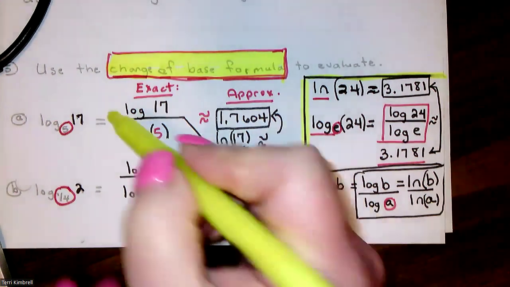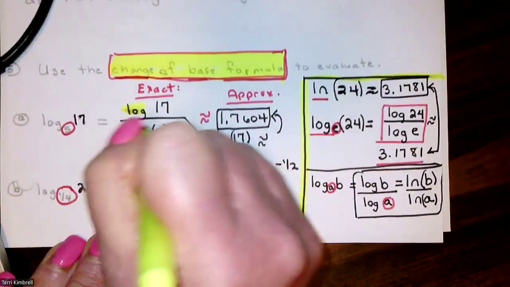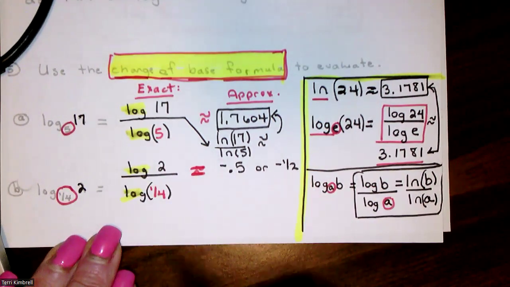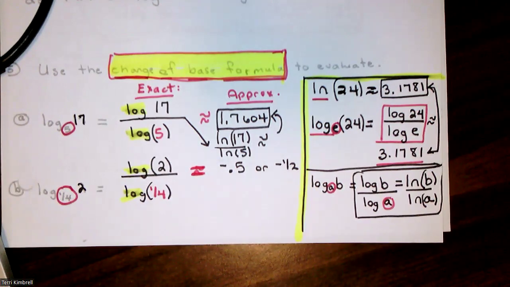So you can do the log, and that's probably what they're going to want in the computer. If they ever ask you to do the LN, I just want you to know that that will work as well.